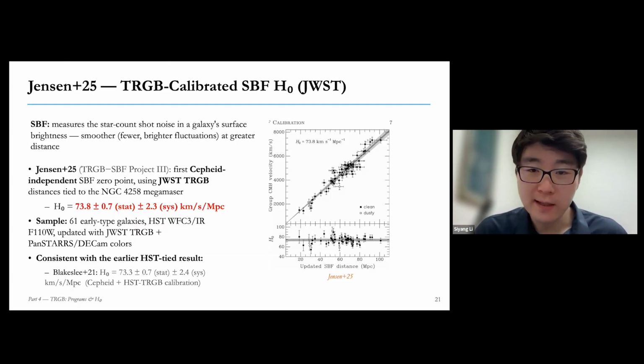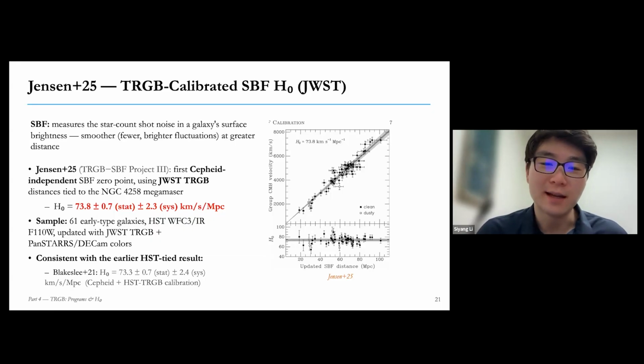Surface brightness fluctuations, or SBF, are based on the idea that as a galaxy is further away, the observed surface brightness, or the smoothness of your image of the galaxy, gets smoother and smoother because, of course, as you go further, everything blurs together. You use that as a proxy of distance.